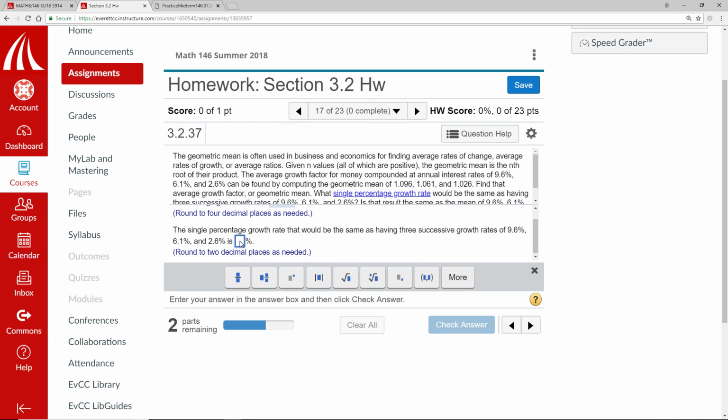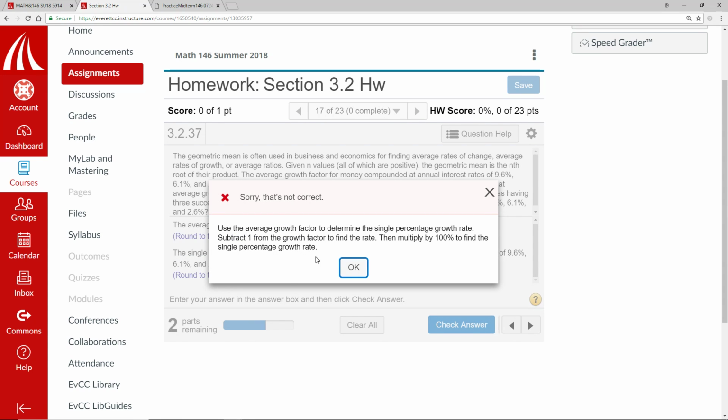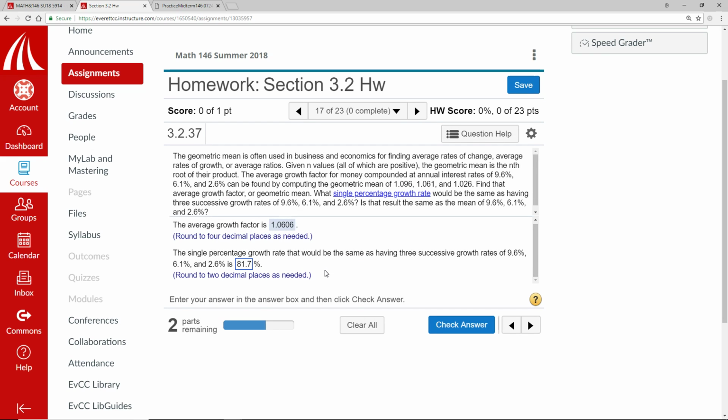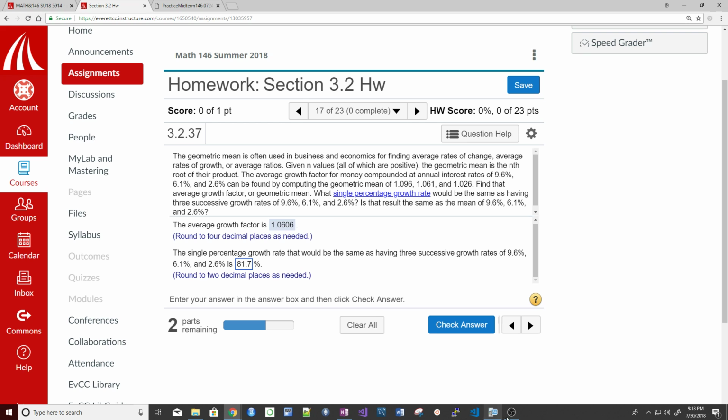That should work there. I honestly wouldn't worry too much about that problem. I subtracted it from. This was fine. The single percentage. Did I miscalculate?